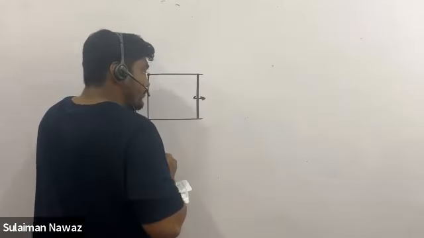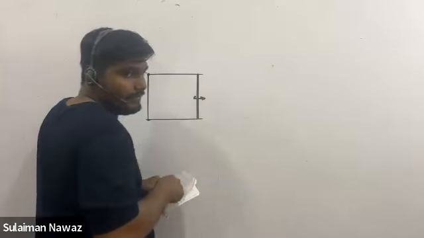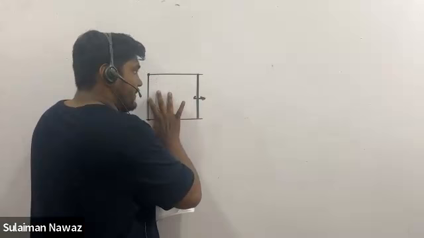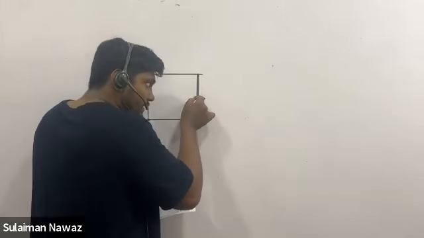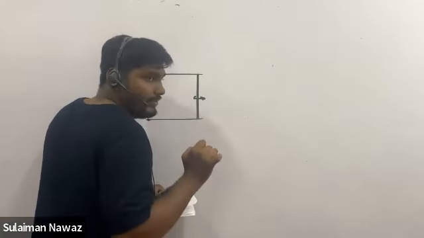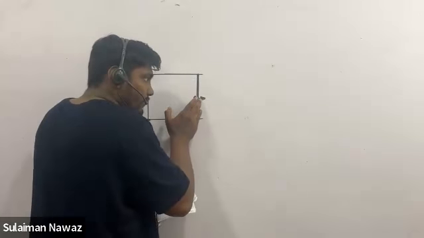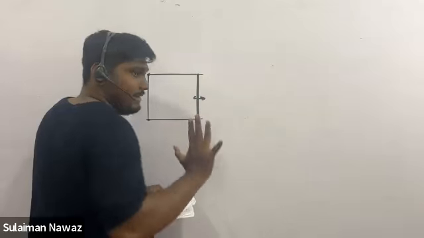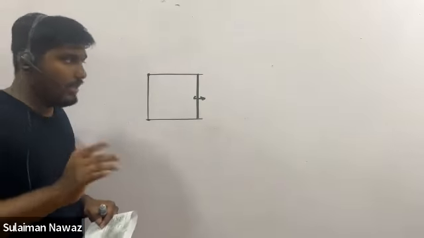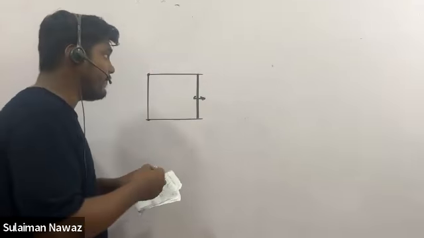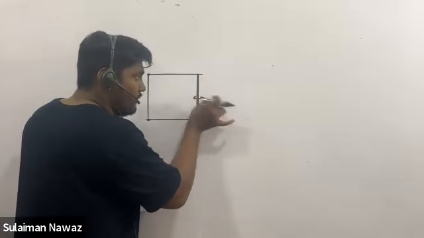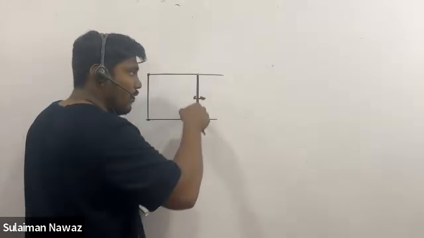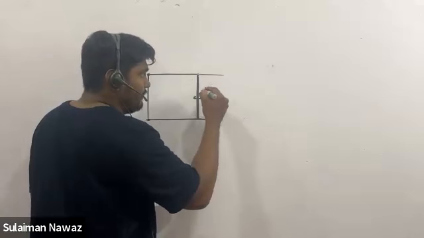That means we can move this length forward and backward. Assume the remaining wires are fixed, but we can move this wire forward and backward. Then we can adjust the area, right? You can move this rod or wire forward or backward.